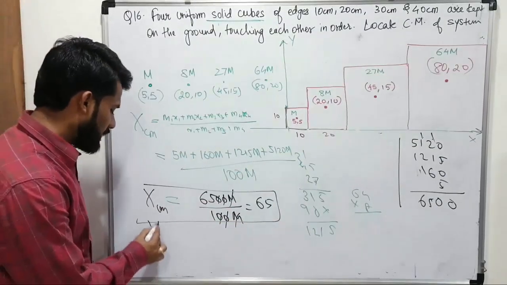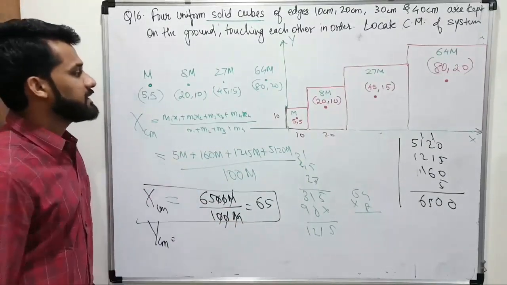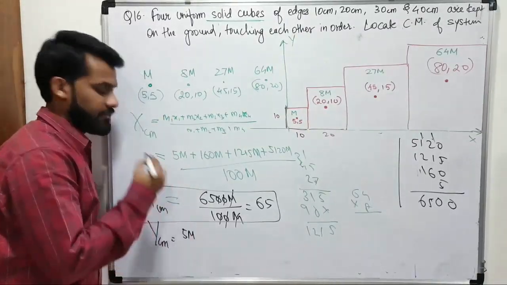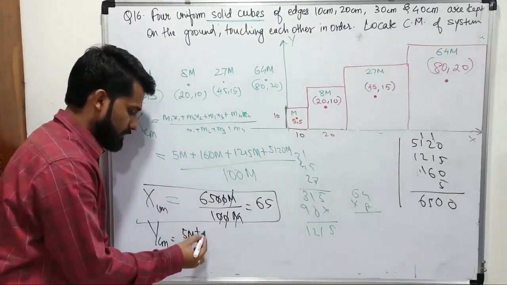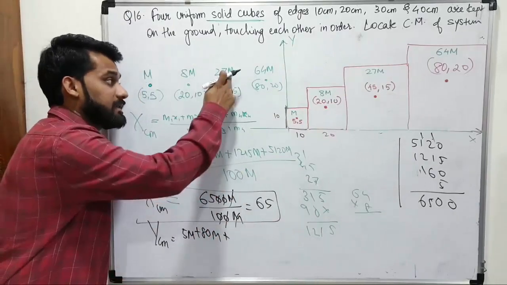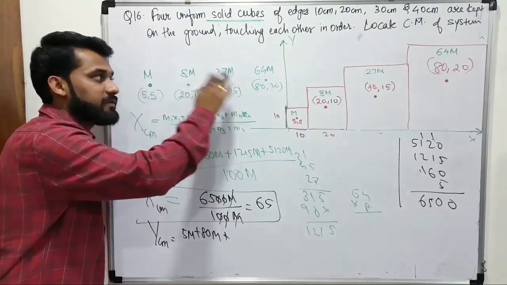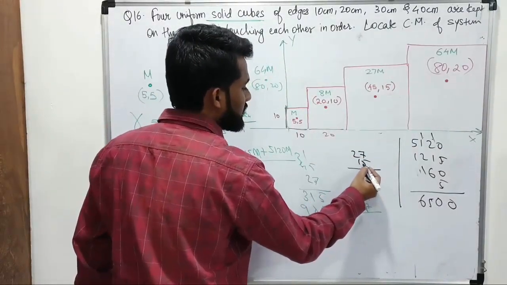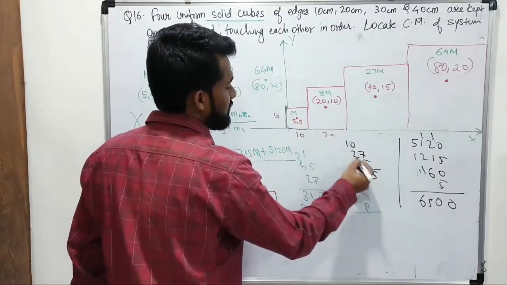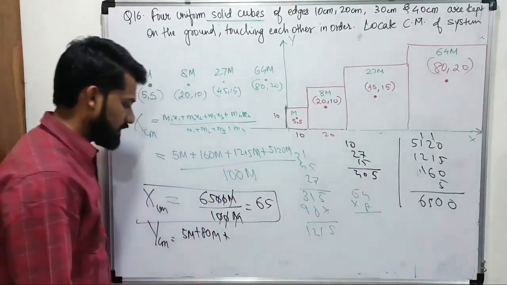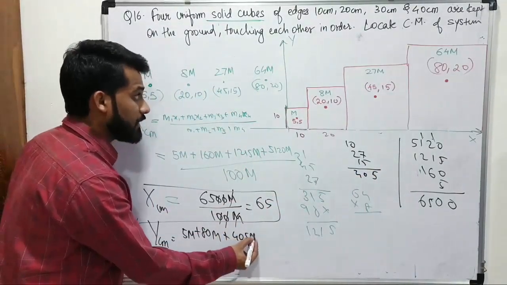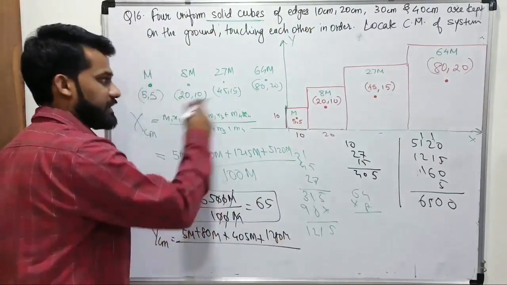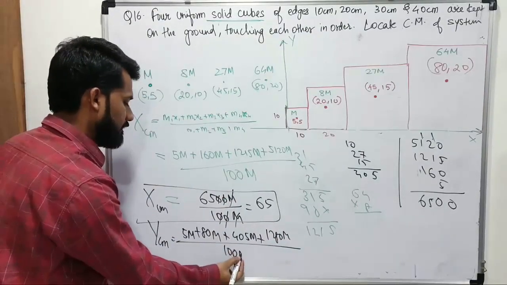Similarly, ycm you have to calculate. ycm will be m1y1, 5m, plus m2y2, 80m, plus m3y3, 27 into 15. We will calculate 27 into 15 separately: 15 sevens are 105, 15 twos are 30, so 405. 405m plus 64 into 20 is 1280m, divided by the addition which will still remain the same, 100m, right?